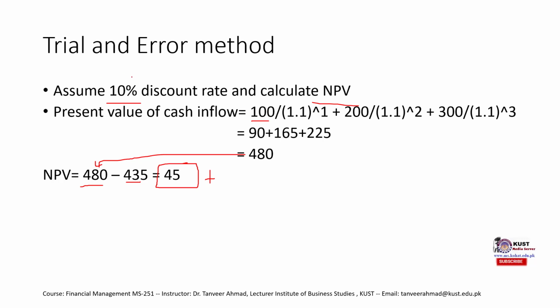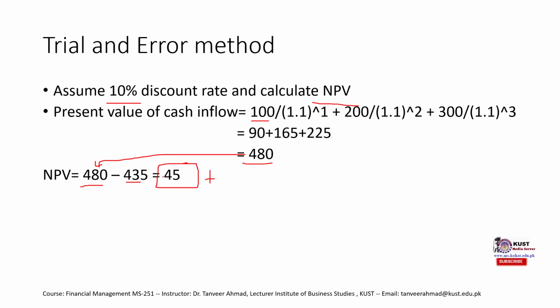We need to increase this value, because once we increase the denominators, the present value of cash inflows would decrease, and we need to bring it to 435. We need to use a value of R that would make this 480 into 435, so that we get an NPV of 0.